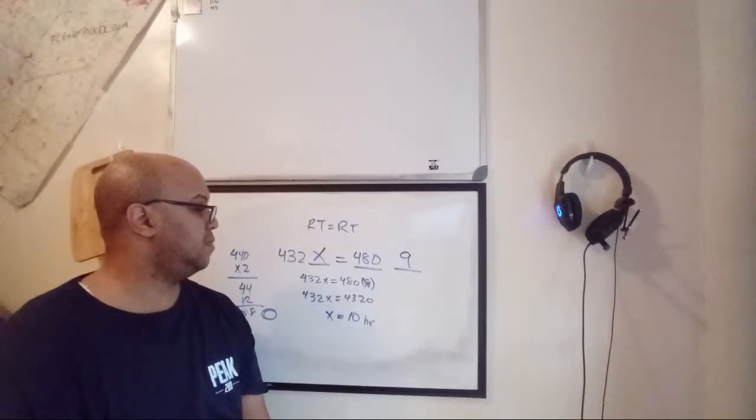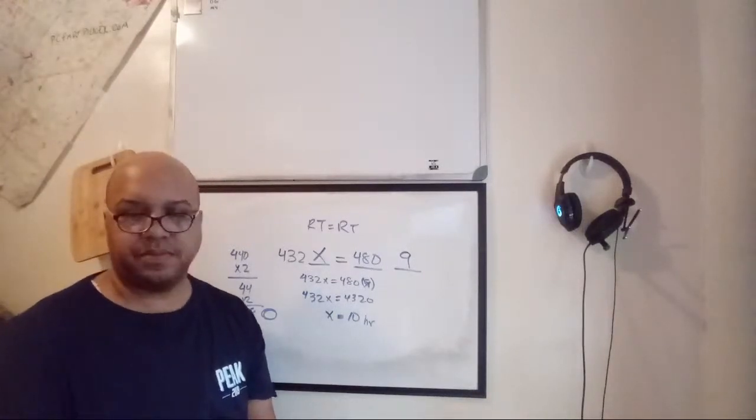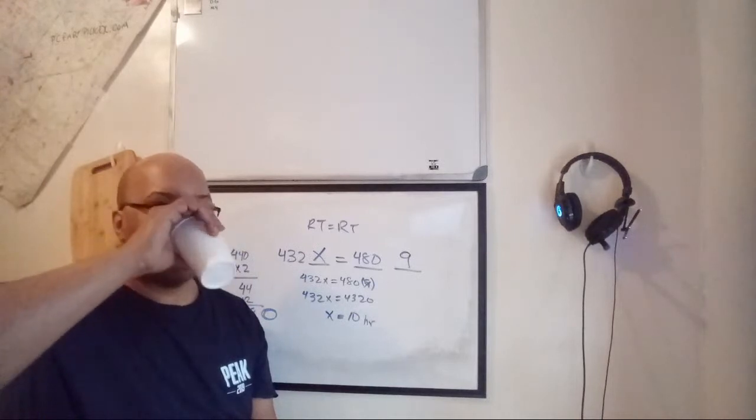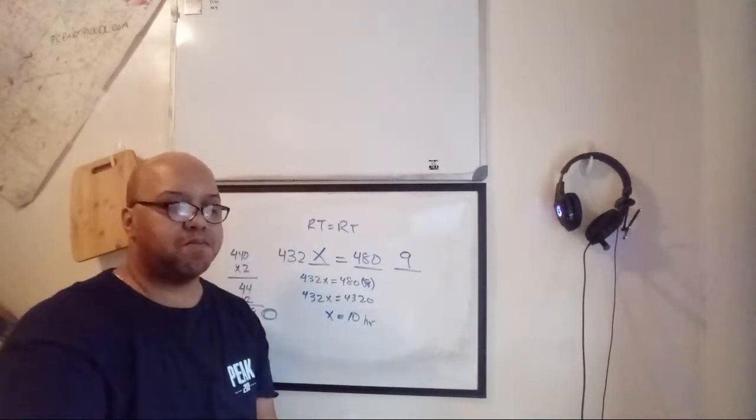And then it's really similar to a multi-step equation. Then you just multiply them at this point. So you do 432 times x, and then you drop everything down.